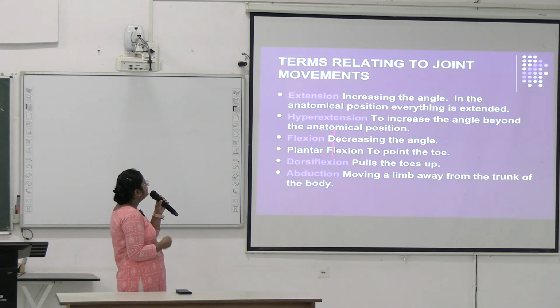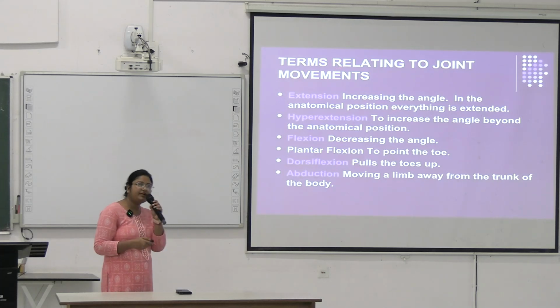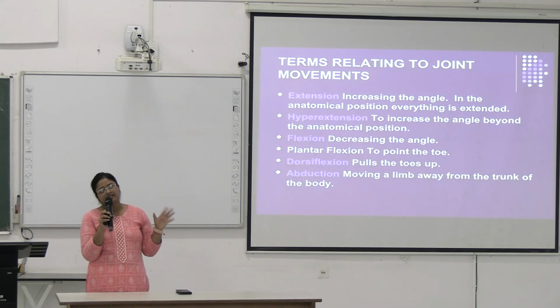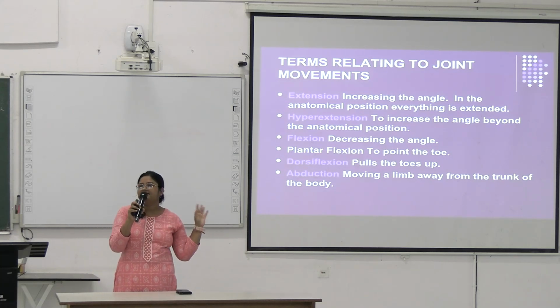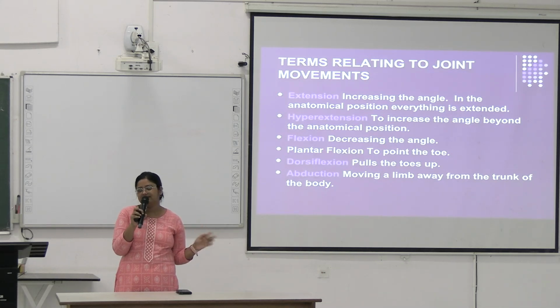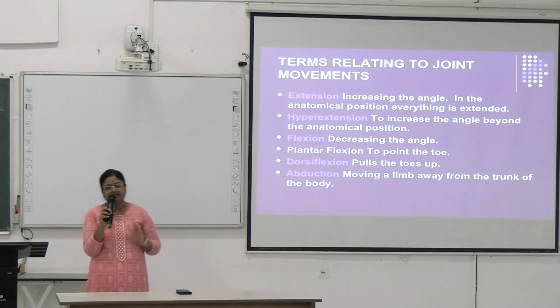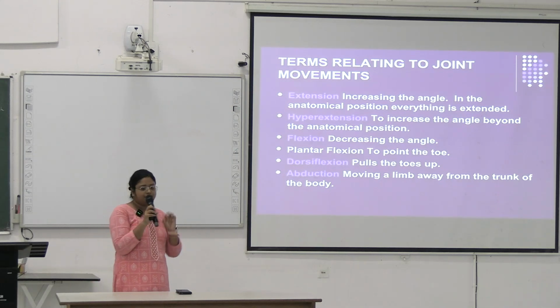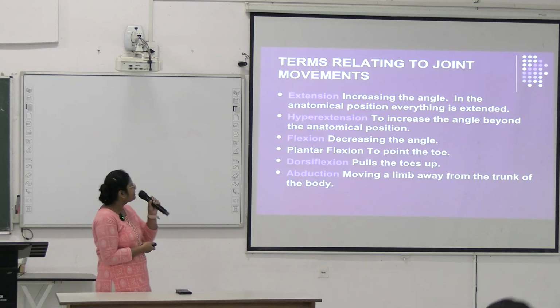Now these are the different movements of the joint. For classification, remember very carefully the structural and functional classification. These two are very, very important. Mainly the structural classification is very frequently asked. The rest you just need to know, don't need to remember that much.